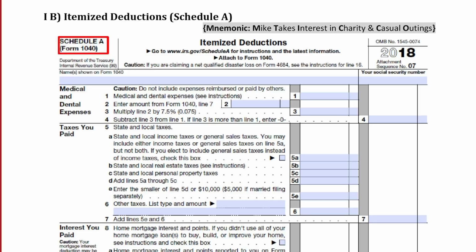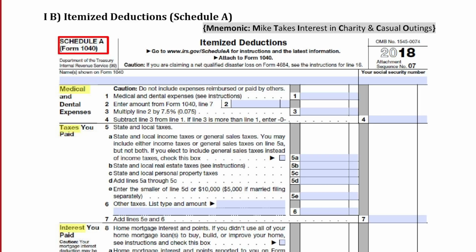And let's look at those items of deductions that you're allowed on the schedule. The first one is medical and dental expenses. Highlight medical. The next deduction is for taxes paid by the taxpayer. Highlight that. So this is for state and local taxes, other taxes. Next is interest paid by the taxpayer.